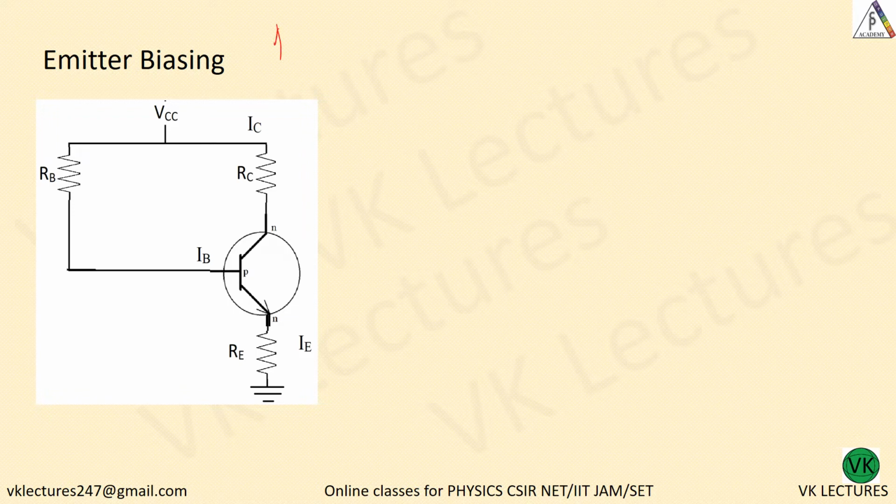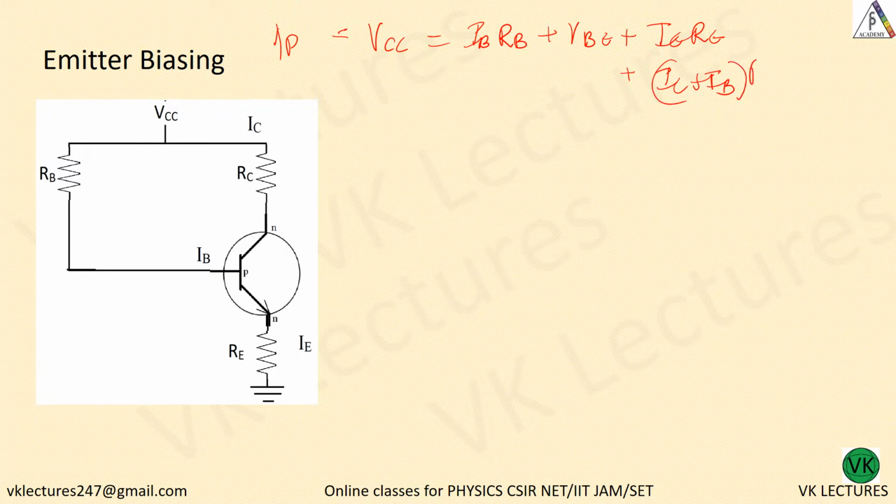So input, what is input? VCC, IBRB plus VBE plus IERE. Now this IE we can write as IC plus IB into RE. Now differentiate with respect to IC. Okay.